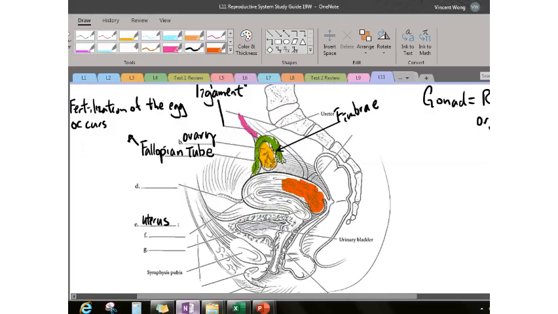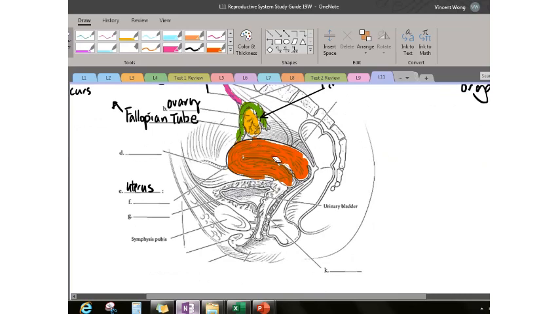So the uterus has various parts to it, and we are going to label each one of those as soon as I finish coloring here. So this main part of the uterus, the body of the uterus, is called the fundus. The fundus. Okay, and the neck of the uterus at the front here is called the cervix.